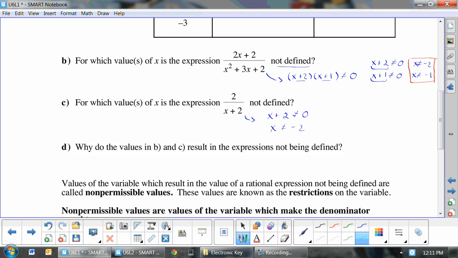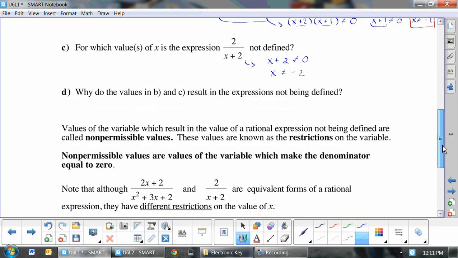Because right now we're just working with it. We call it an expression, right? So you see there's no equal sign, right? So we can't solve it, really. But we know that x cannot equal -2 and it cannot equal -1. Does that make sense? Kind of.